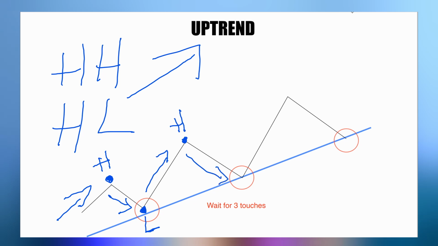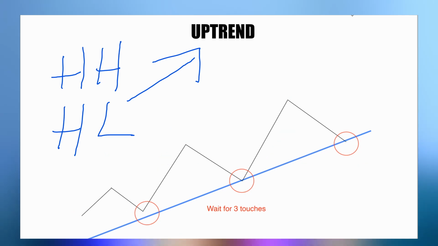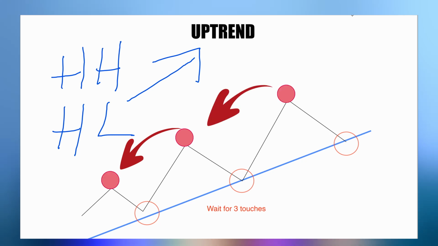And then it turns back down, and then here, low. Then back up again. At this peak, we've got the high of the peak, and then we have the lowest point before it turns back up, before price goes back up. We are in an uptrend when this high is higher than this high, and this high is higher than this high, when this low is higher than this low, and when this low is higher than this low.